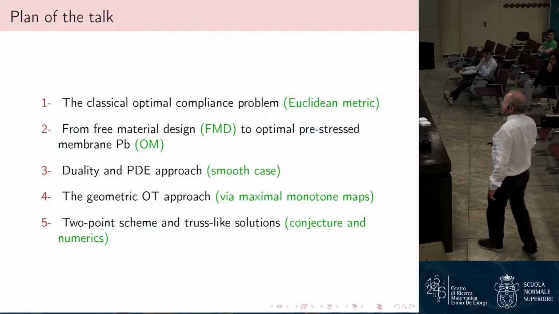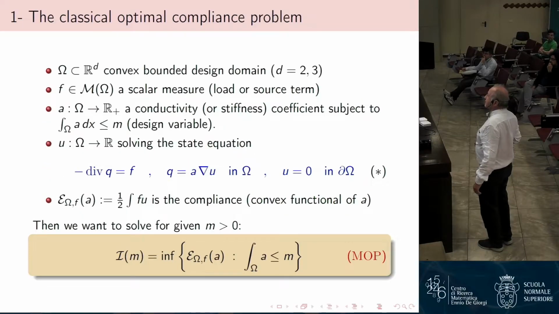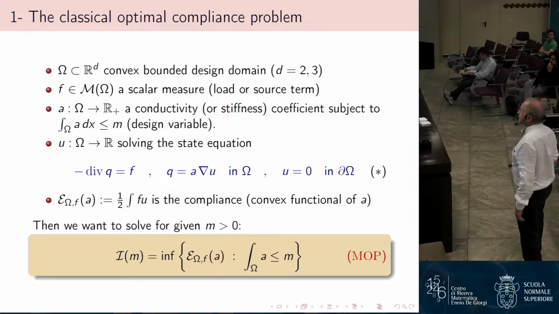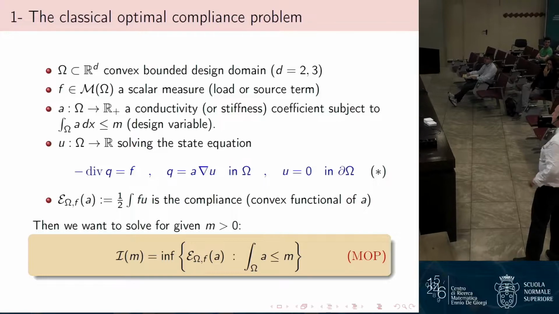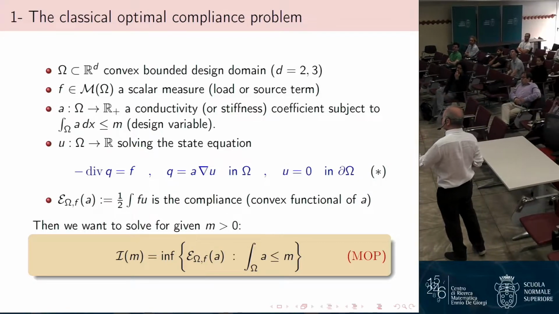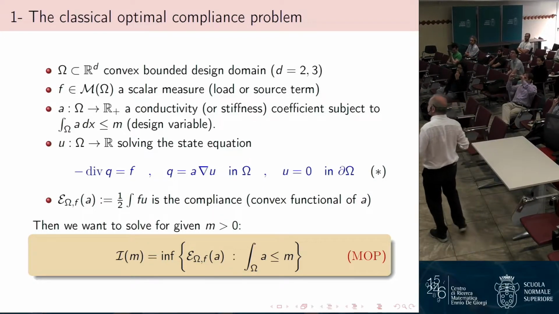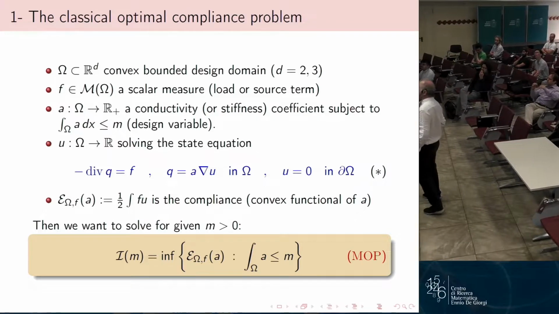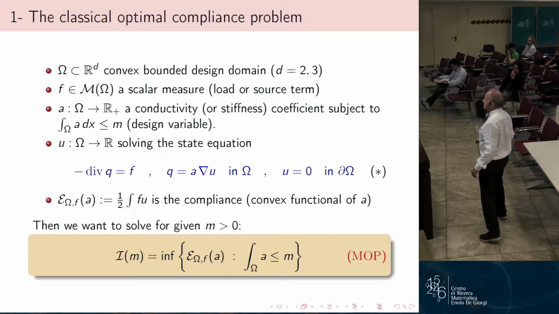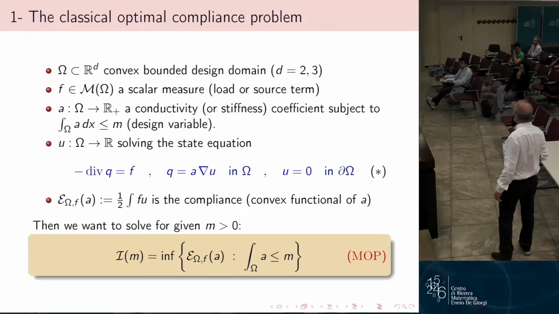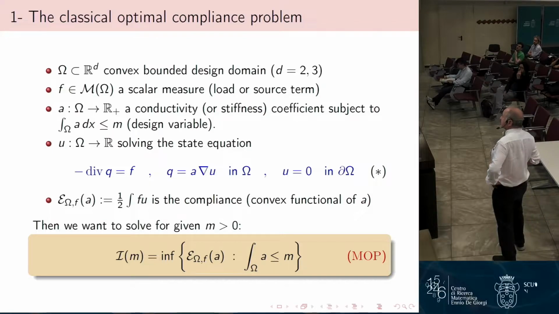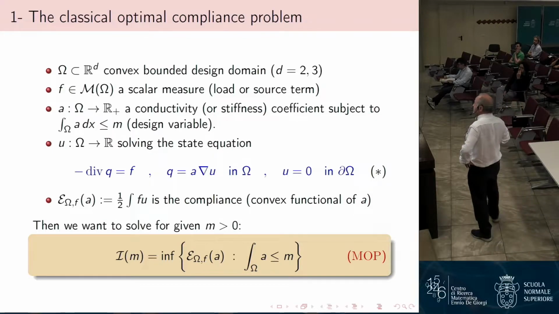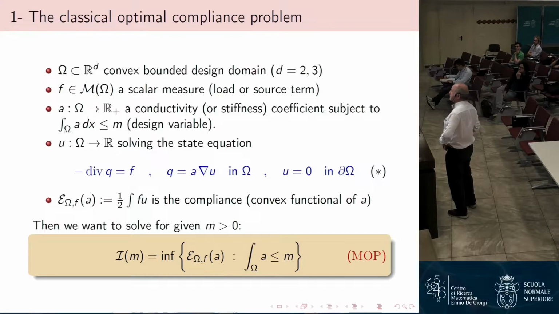Then I begin with the classical problem. I consider a priori a convex domain. It is not necessary, but to have the Euclidean distance, it is necessary. Otherwise you would consider the geodesic distance in omega, which is supposed to be convex. I take a scalar measure, so it is a scalar problem, where the load, if you speak of mechanics, is a scalar measure.